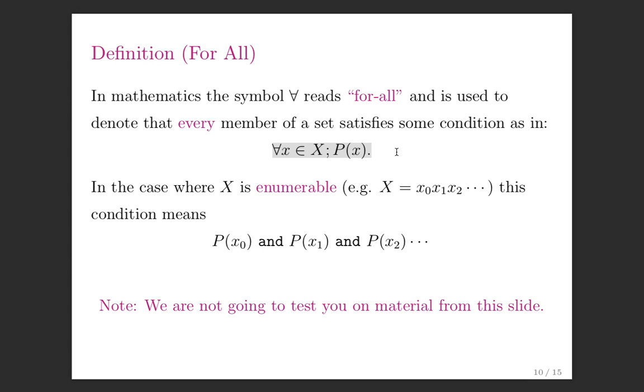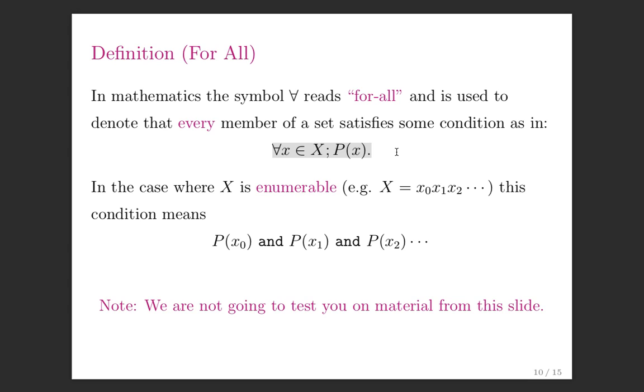Remember we had these binary functions or unary functions that went to true or false? In the case where X is enumerable, or in Python speak, iterable, that is, we can just say this is the first element of X, the second, the third. The condition means that it is the case that Px0 is true, and Px1 is true, and Px2 is true, and so on.